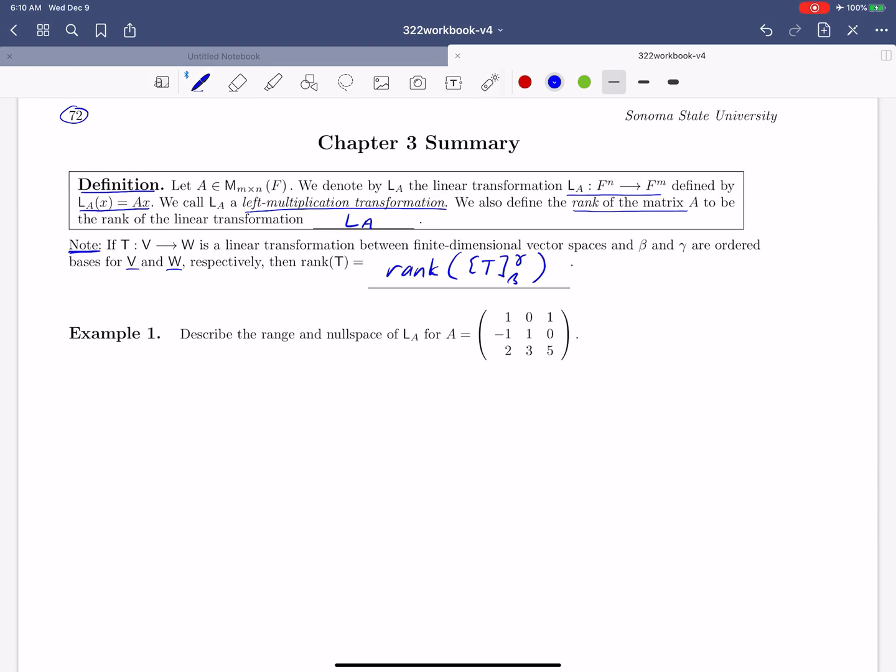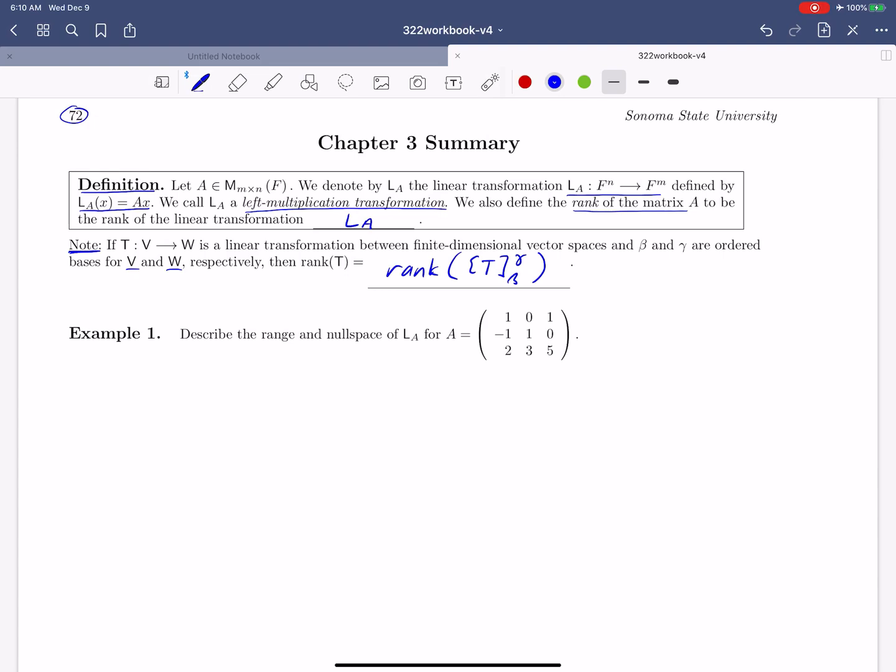So it's just saying that if you have a linear transformation like this and you choose bases for the domain and the codomain, then the rank of that transformation will always match the rank of the matrix of the transformation, whatever those bases are that you choose.